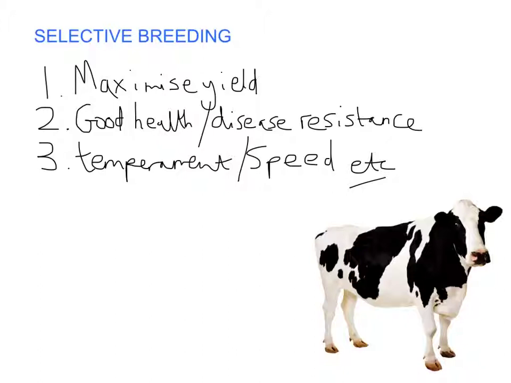But selective breeding comes with many drawbacks. The big one is a reduction in the gene pool. In black at the top I've written essentially the pros. In red I'm going to write the cons. So we get a reduction in what's called the gene pool.